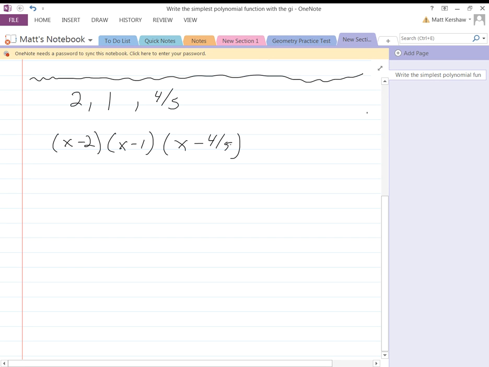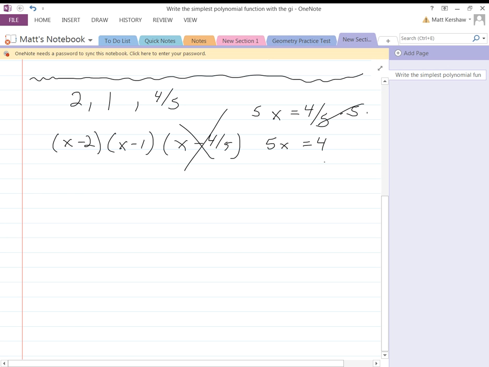But I don't really want to have to deal with this fraction, so we're not going to use that. We're going to think of it like this. Our root is 4/5, so x equals 4/5. And so now if I unsolve this, if I multiply both sides by 5, that's going to go away, and now I'm going to have 5x equals 4.